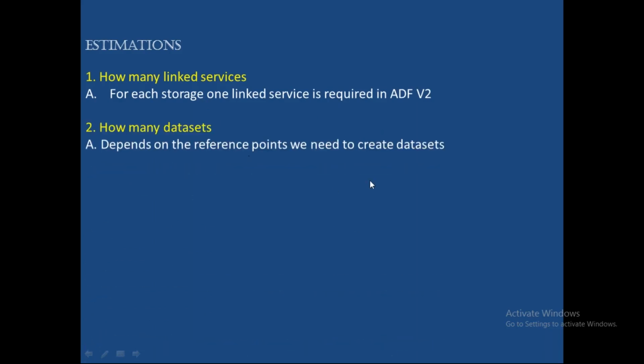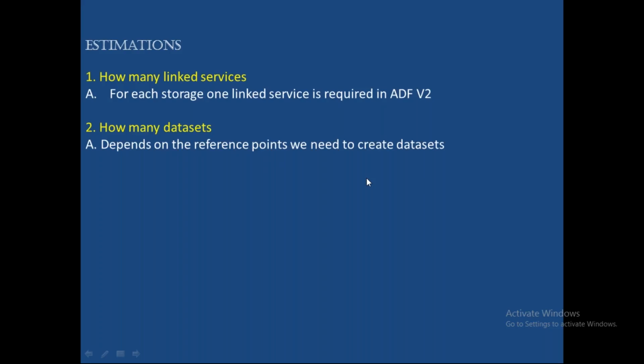How many datasets? It depends on reference points. Suppose I want to write my output data into the same folder, then I can use one dataset. But if you want to write your output to two different folders, then you need two different output datasets, because as per our overview diagram we have one single input and we apply two different transformations.